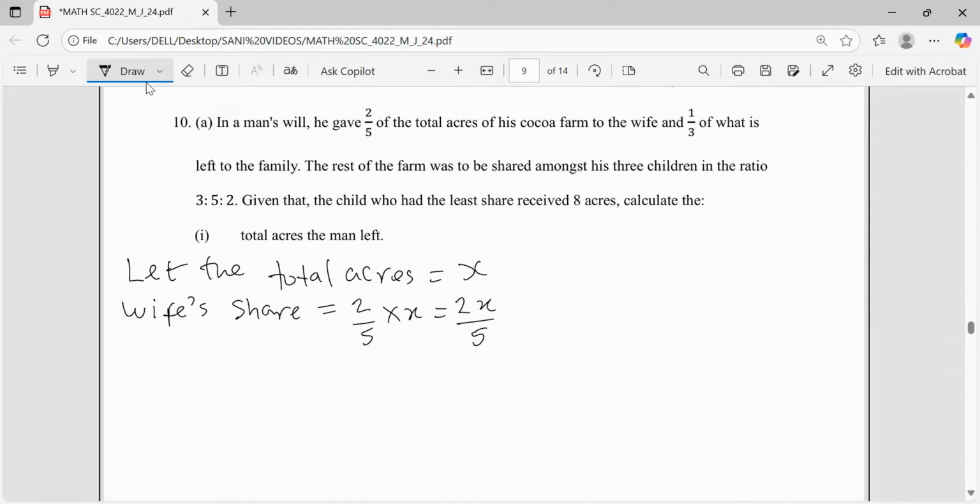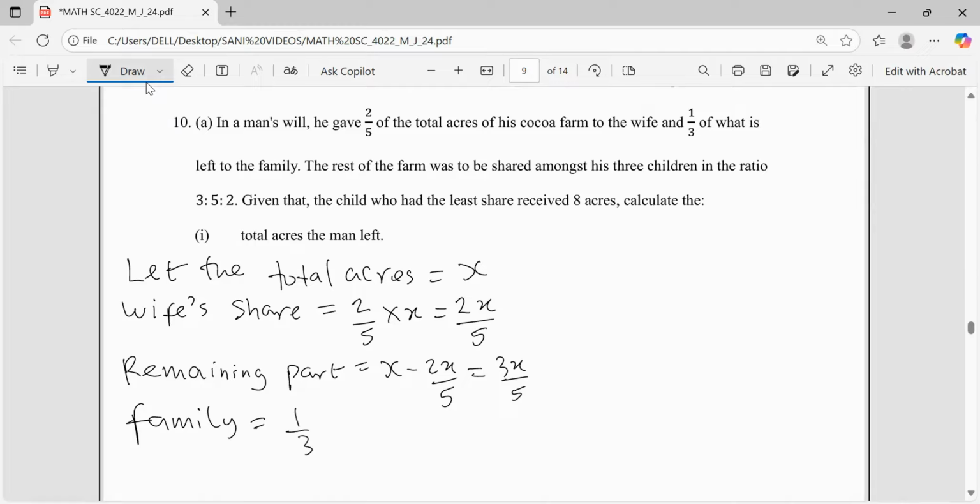The remaining part after the wife's share will be x minus 2x over 5, which gives us 3x over 5. Then the part for the family is 1 over 3 of what is left. That's 1 over 3 times 3x over 5, which gives us x over 5.